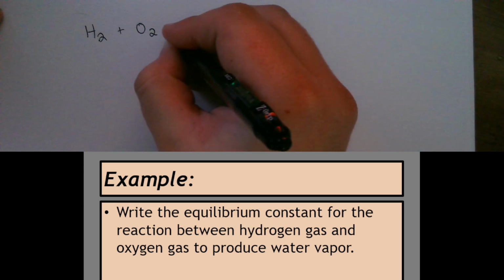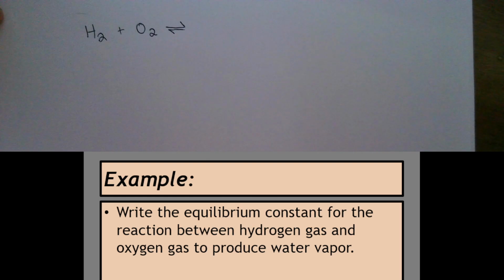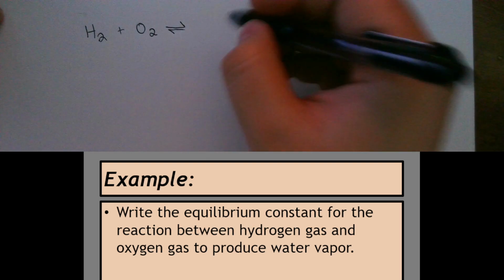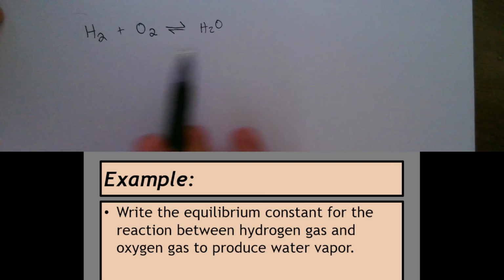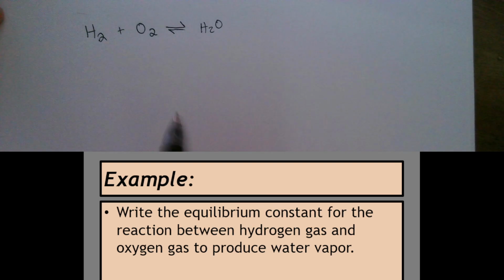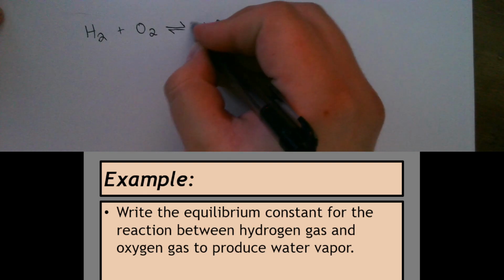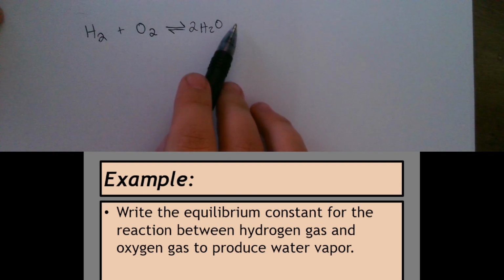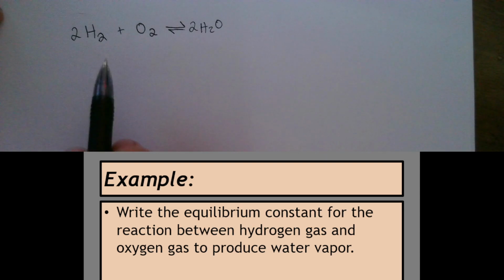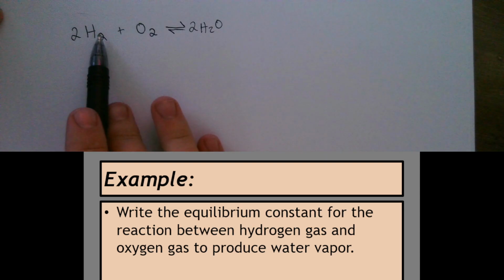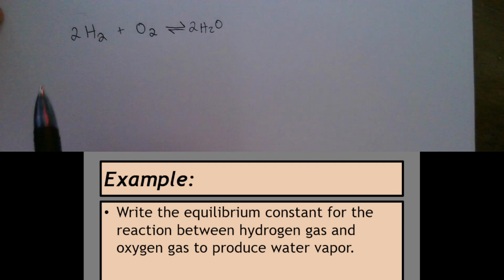We're going to write the equilibrium arrow because we're writing an equilibrium constant. Water vapor is just water, H2O. Now I just need to make sure to balance this before I do anything else. So I have 2 O's over here now to match those 2 O's. But now I have 4 H's, so I also need a 2 here. And we have our balanced reaction, hydrogen gas, oxygen gas, water vapor.